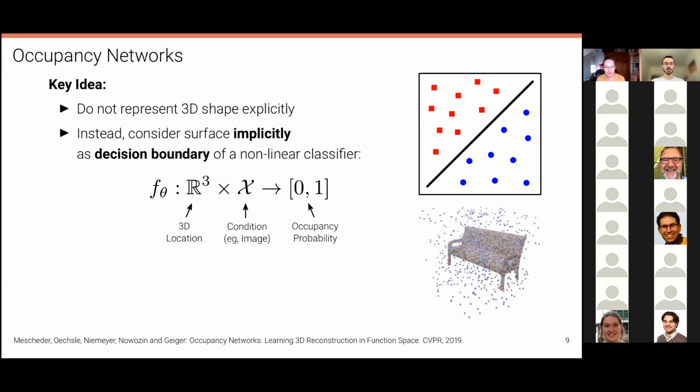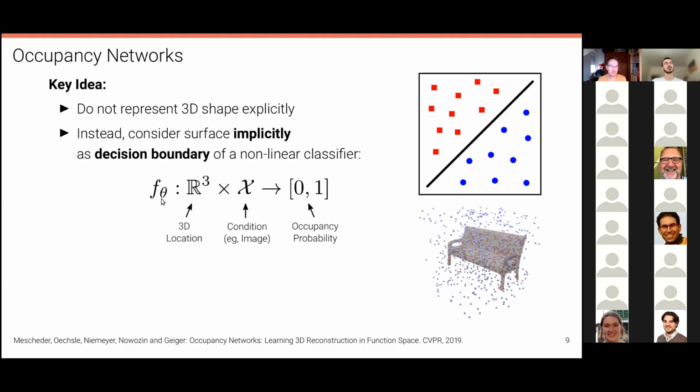But what we are trying to do here is to use a neural network, a multi-layer perceptron, for example, itself as the representation of the 3D structure. So the decision boundary of a neural network that takes in a 3D point and some condition, for example, a 2D image, and outputs the occupancy probability, the decision boundary of this, like 0.5, defines the surface.